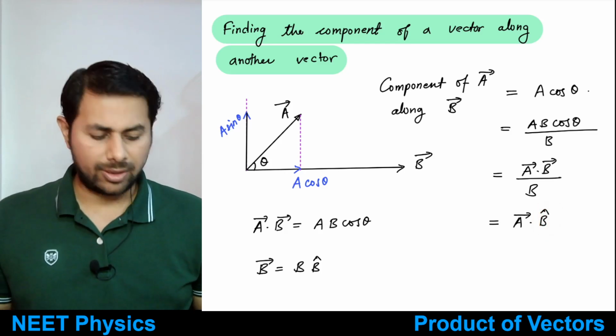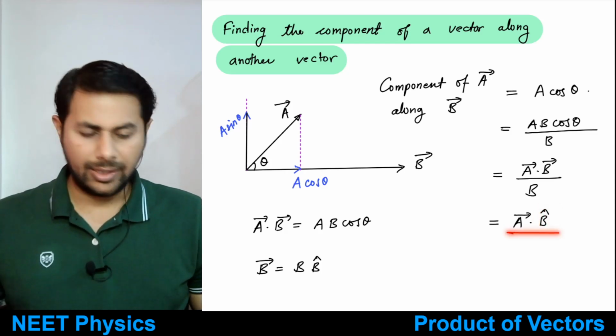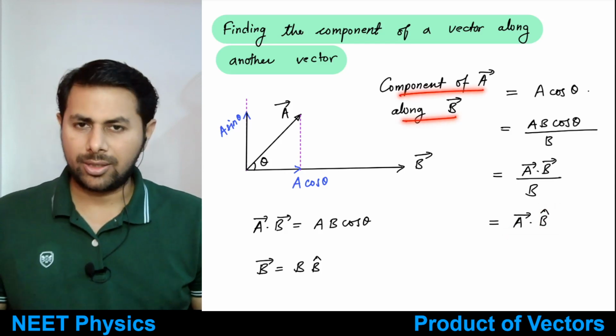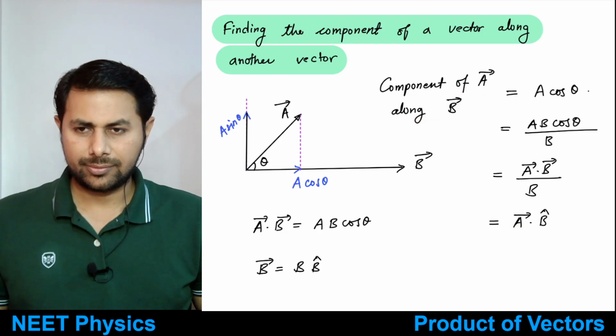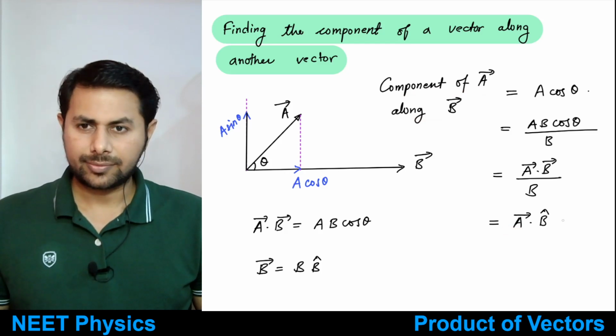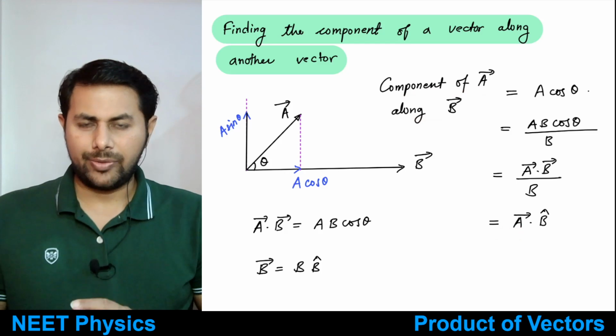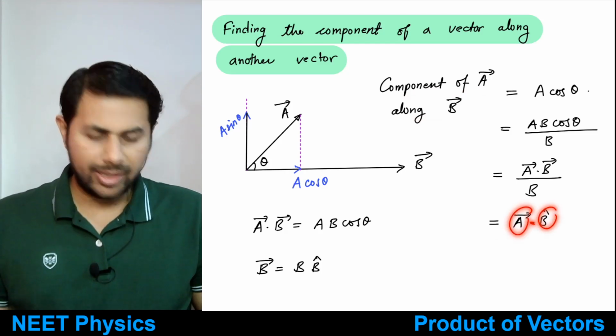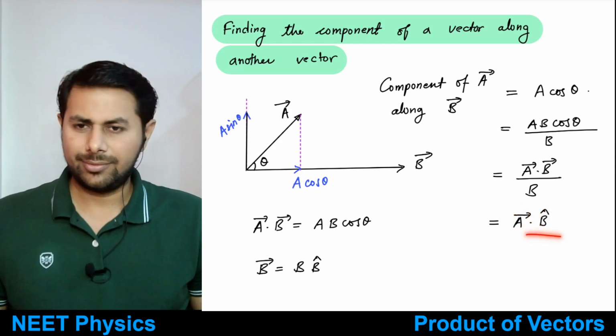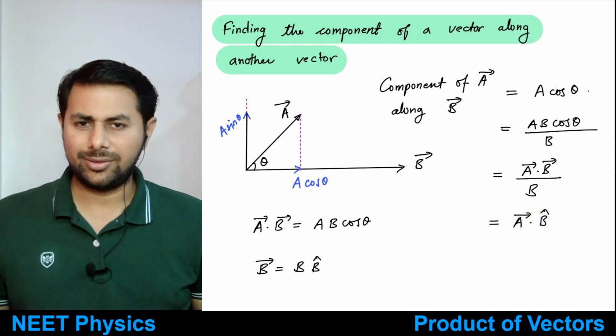So the component of a bar along b bar is a bar dot b cap. Is this clear? Yes, no?